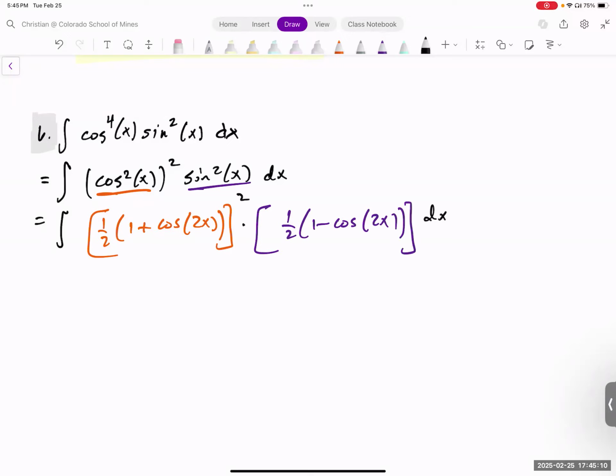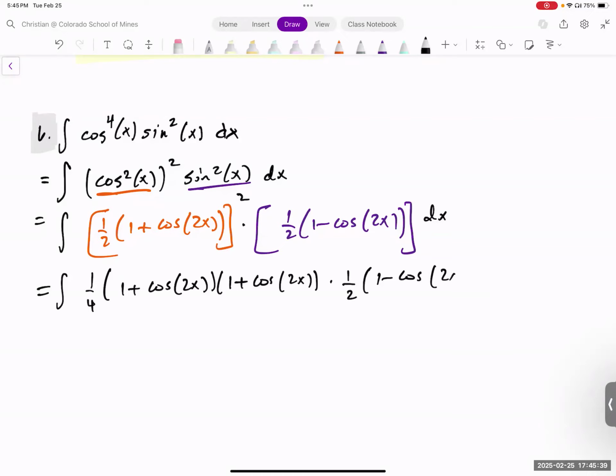This is just algebraically, really, it works out, but it's a pain. So we're going to have to deal with the exponent too. If we bring that in, it'll change the half to a quarter. And then we're going to have 1 plus cosine 2x, times another one, times 1/2 (1 minus cosine 2x).